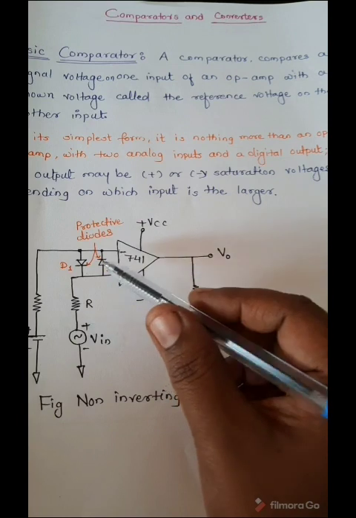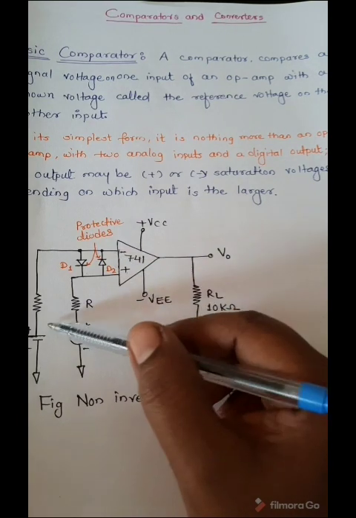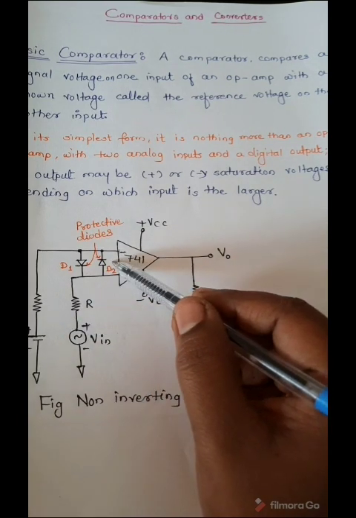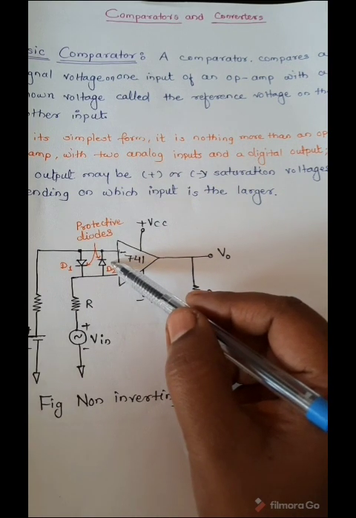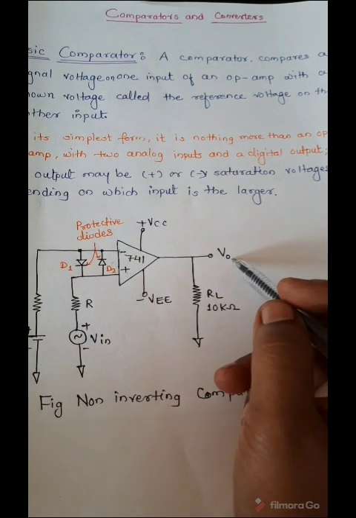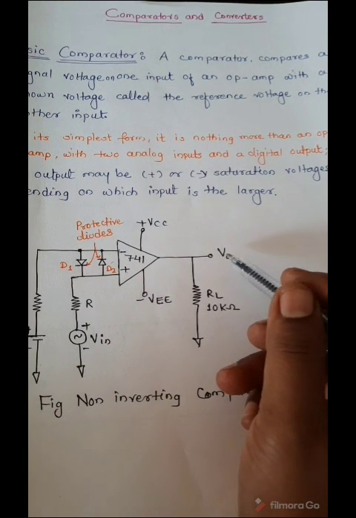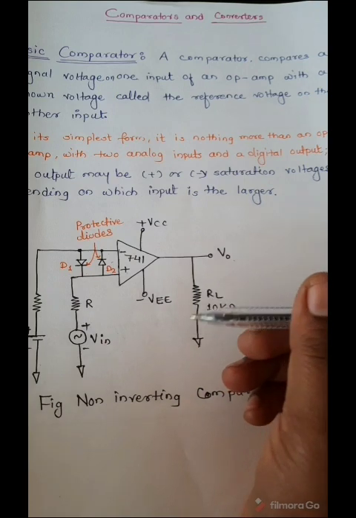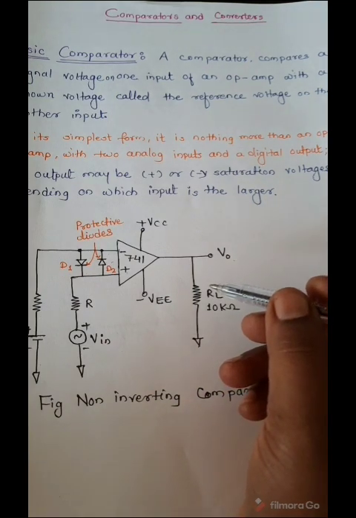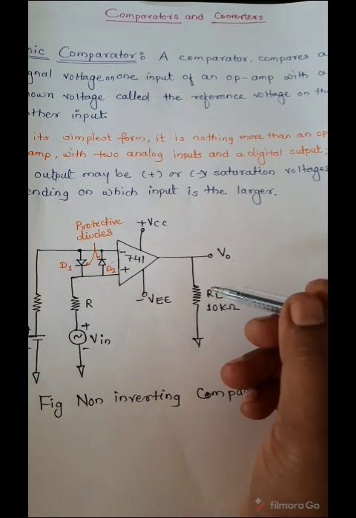So simply first of all it will calculate the difference between the two input voltages, that is VID, and whatever is the polarity of the differential input voltage will be available at the output. So output only switches between either the plus saturation voltage or the minus saturation voltage. So the output is called a digital output.